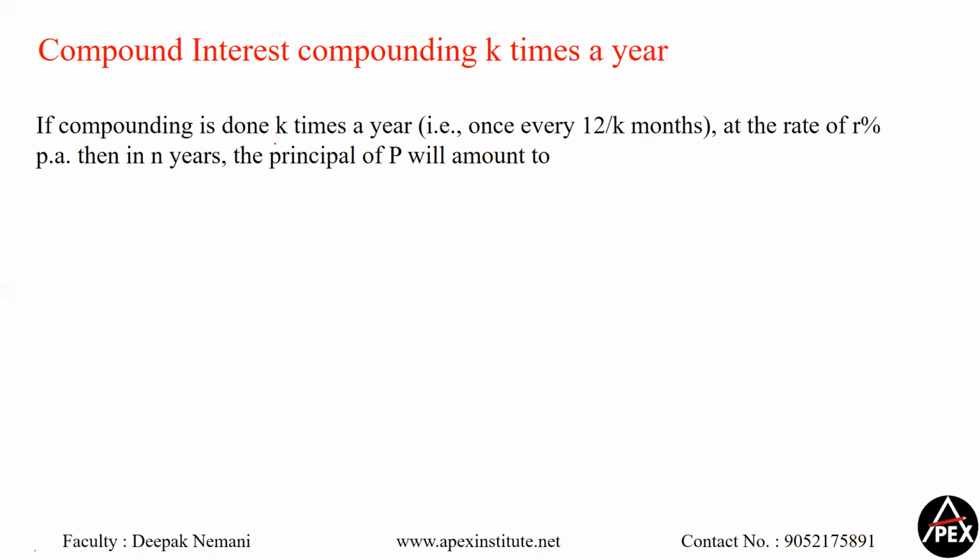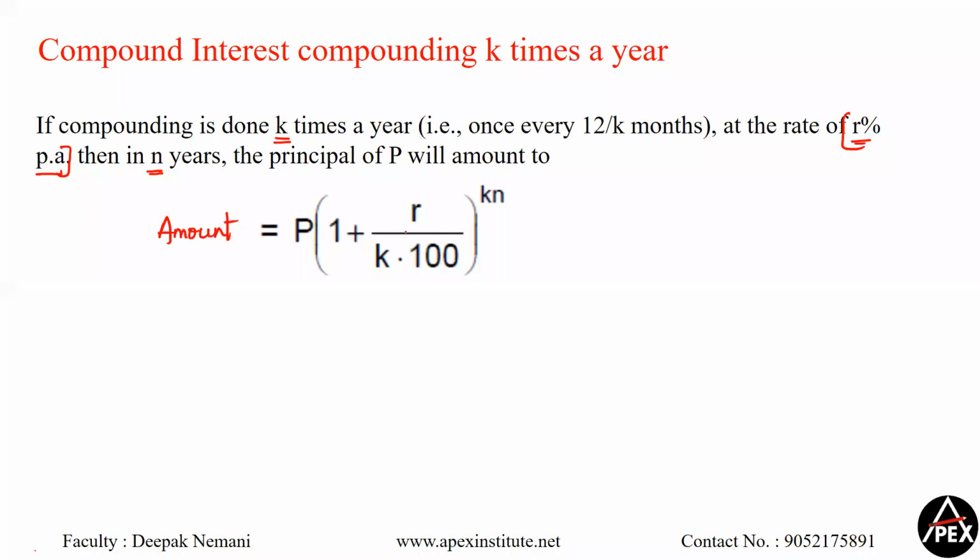Now if the compounding is done K times in a year at the rate of R% per annum, then in n years, the principal P will amount to, we have a formula for this. Amount at the end of n years will be equal to P into 1 plus R by K into 100 power Kn. So the only challenge here is determining the value of K.